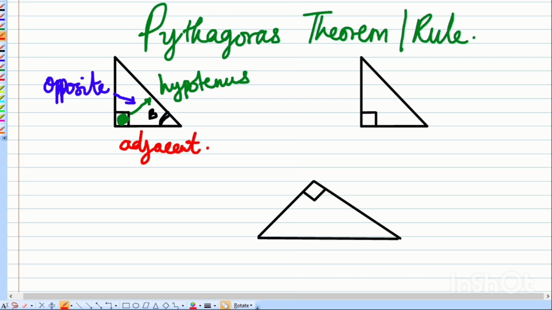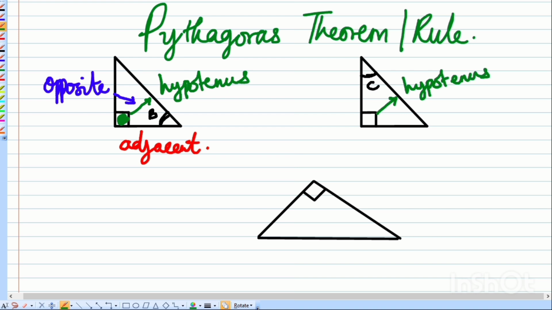Let me explain what I mean using the next right angle triangle we have there. Let's say we are now considering this angle. Let me call this angle C. Again, let's try to identify the sides. You see that this side that is facing the right angle is also the hypotenuse, which is the longest side of a right angle triangle.